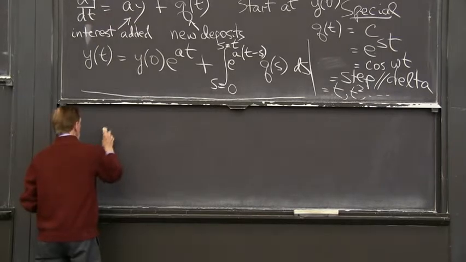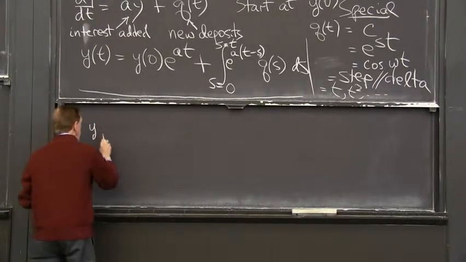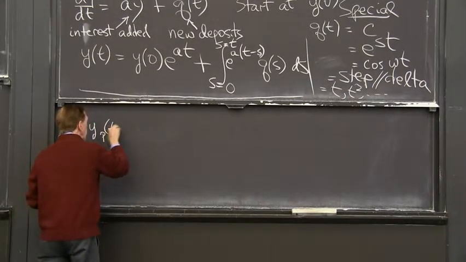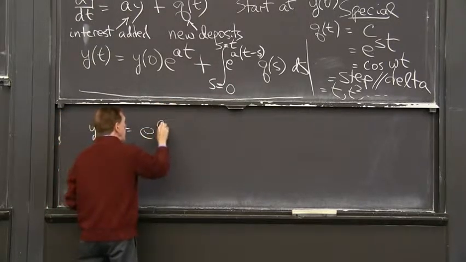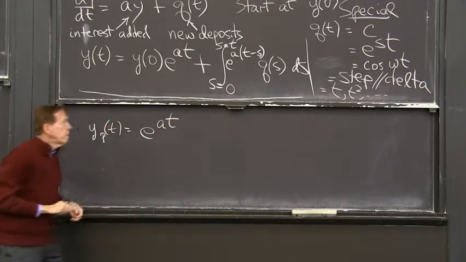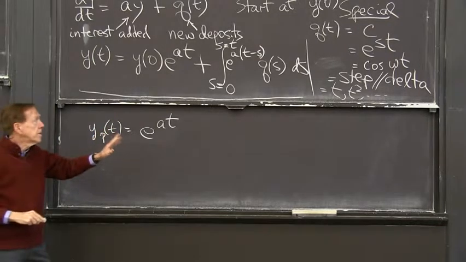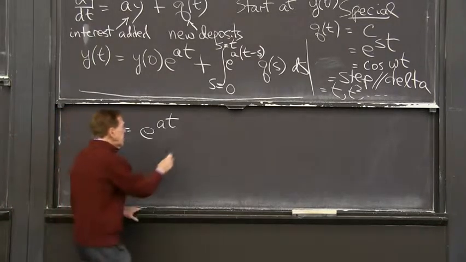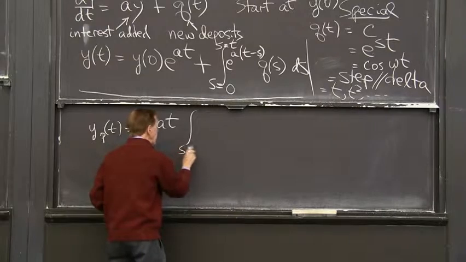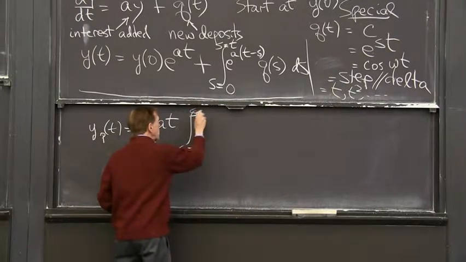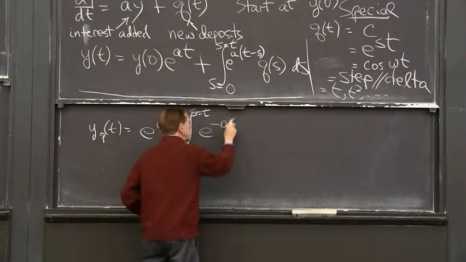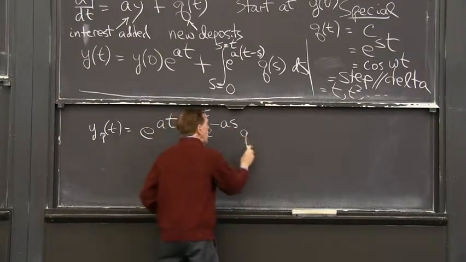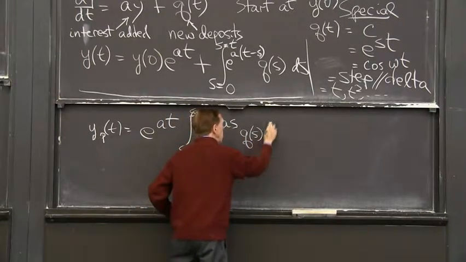I'm looking now at this y particular, and I'll factor out the e to the at, because it doesn't depend on s. It's not involved in the integration. So this is then the integral from s equals 0 to s equals t of e to the minus as, that has an s in it, q of s ds.